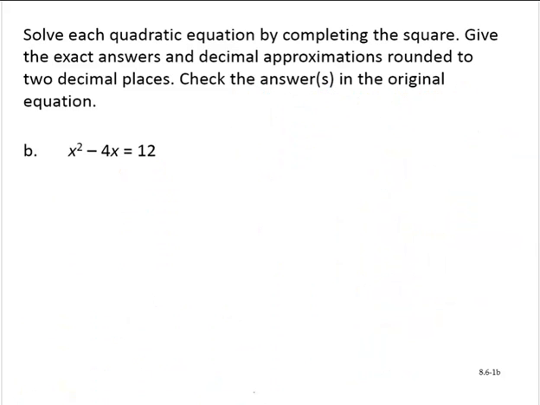Alright, example B, we have x squared minus 4x is equal to 12. Notice again we have everything with the variable on one side, and our lead coefficient is 1, so we can go straight to that third step. The b value is negative 4, so as we did before, we find half of that.